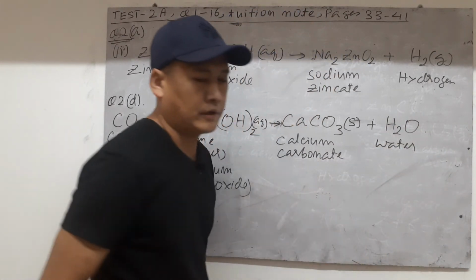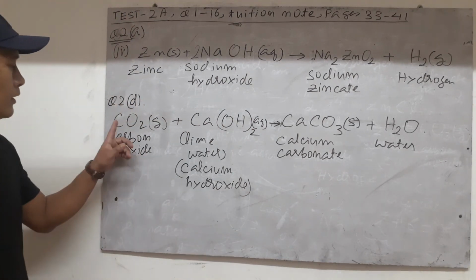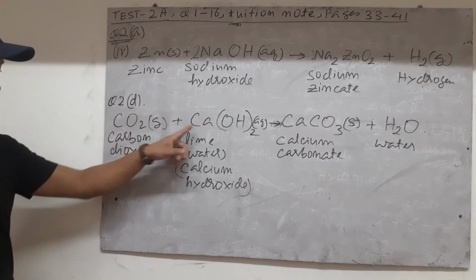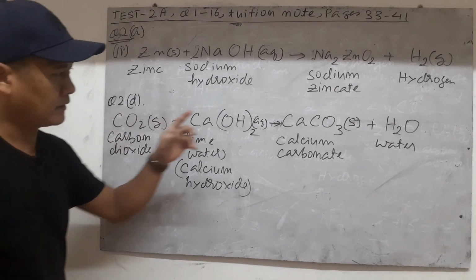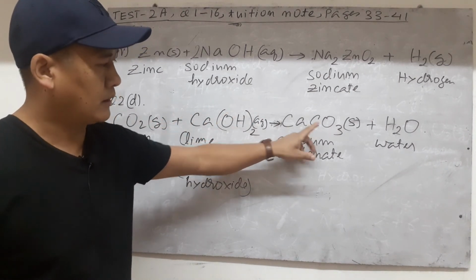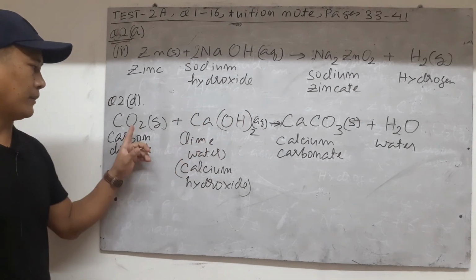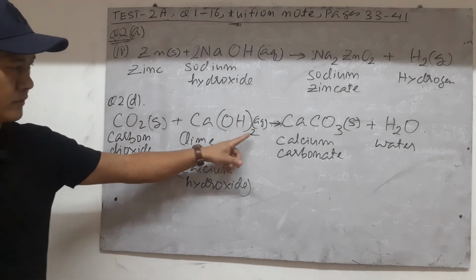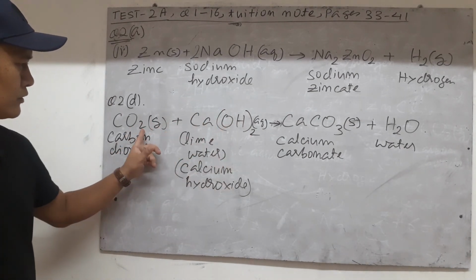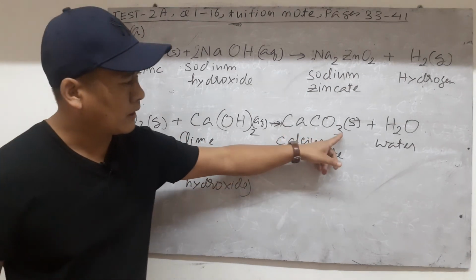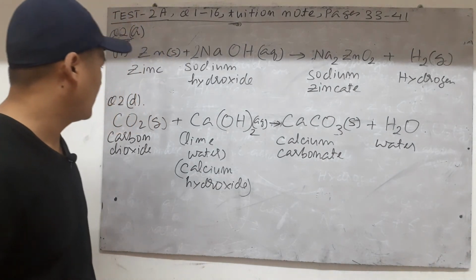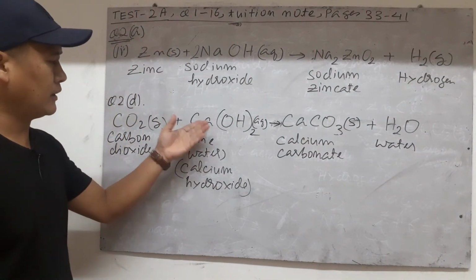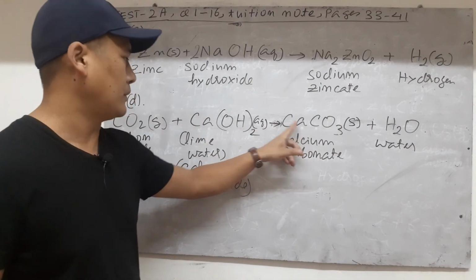Then next, let's check for balancing. One carbon atom on the left. This C is not carbon, this is calcium, Ca. One carbon atom on the left, and this is the one on the right. So balance oxygen: here the bracket, so 2 ones are 2 O plus 2, 4 O. Here 3 O and 1 O, 4 O, 3 plus 1, so balanced. O is done. Now calcium atom on the left 1, on the right also 1 atom.